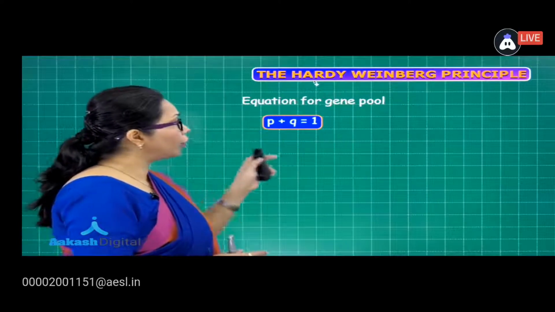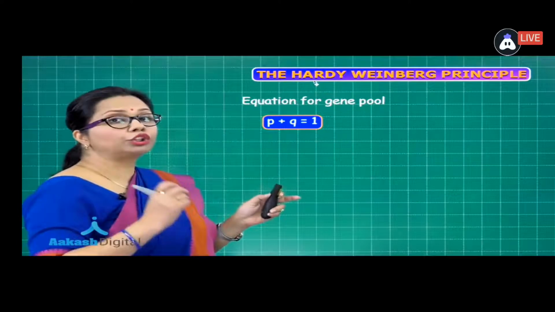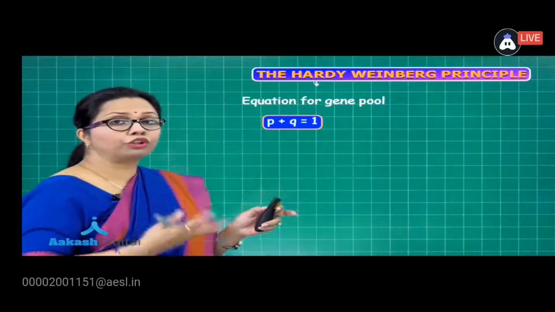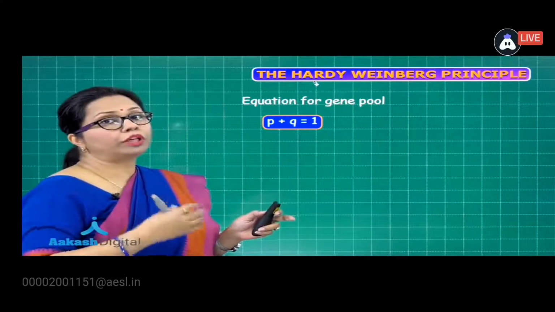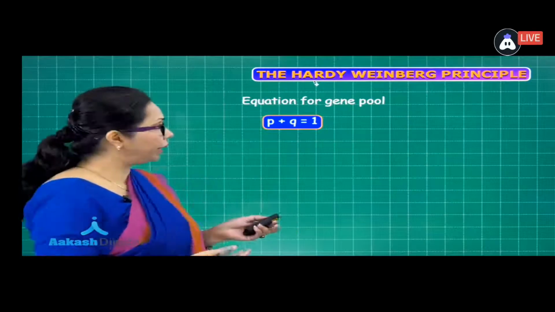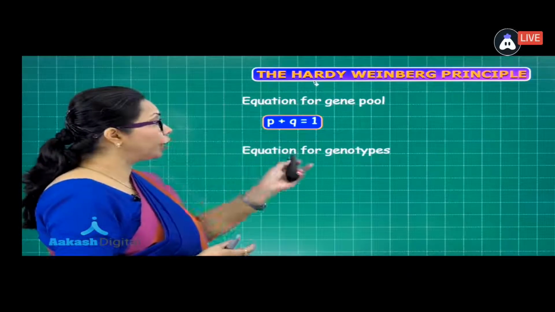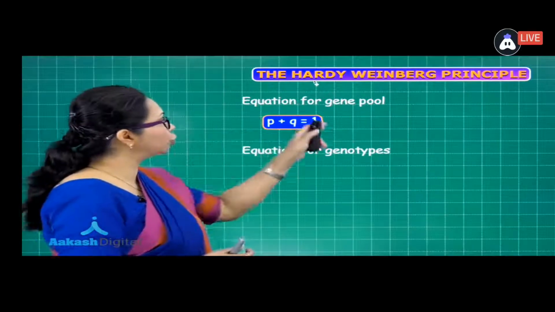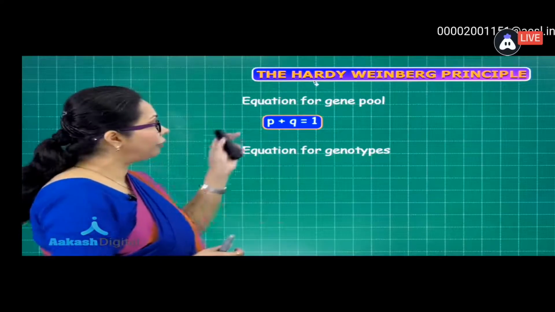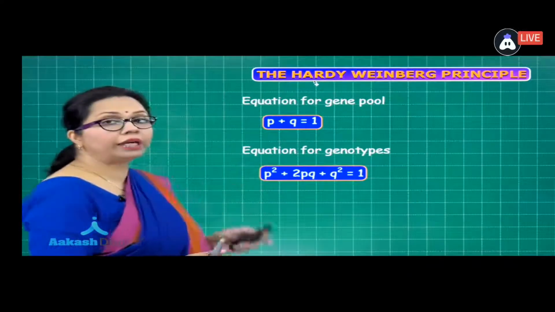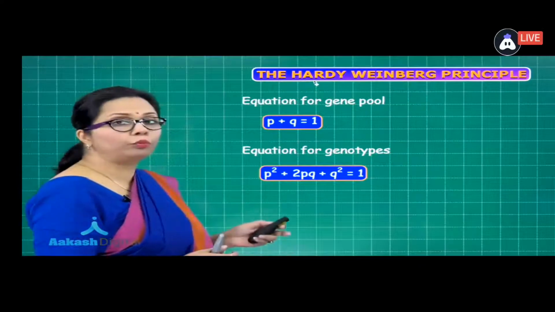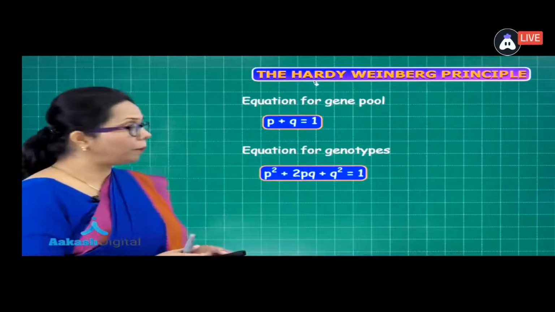Now, as we know, in diploid organisms, it is not a single allele because each chromosome is in a pair. So even the alleles are also in pairs. So to get the equation for genotypes, we have to square this first equation. And when we square this first equation, we'll get p² + 2pq + q² = 1.